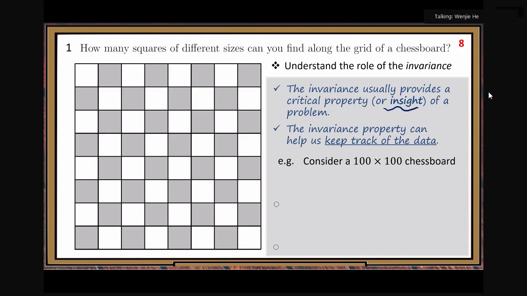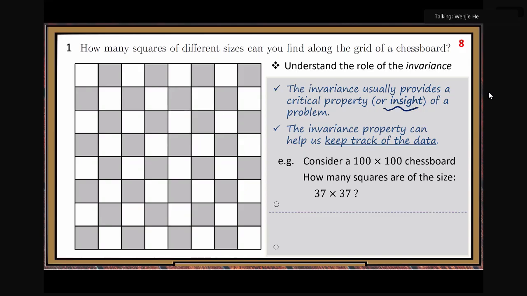Now I want to ask you one question in this larger chessboard. How many squares are of the size 37 by 37 in this 100 by 100 chessboard? Only 37 by 37. I do not need squares of other sizes, only this size.